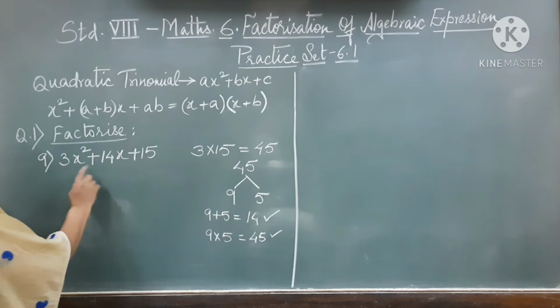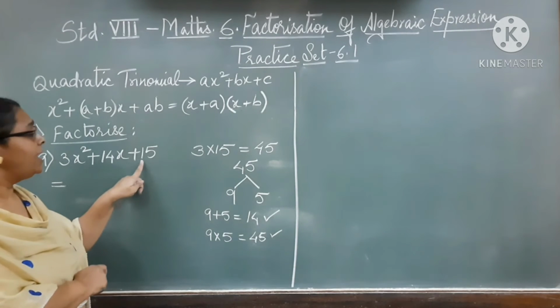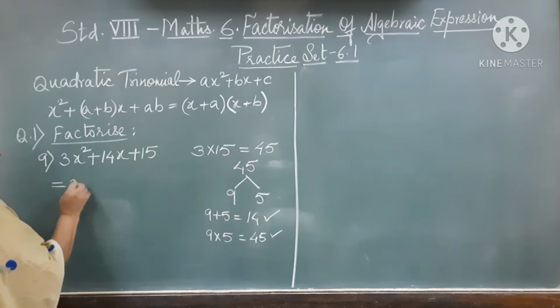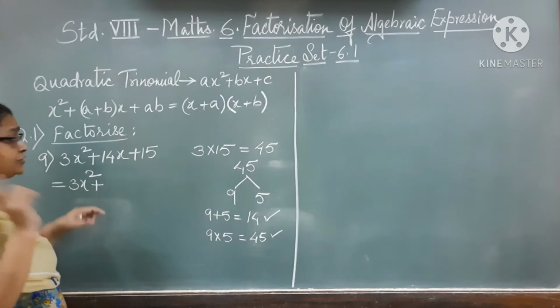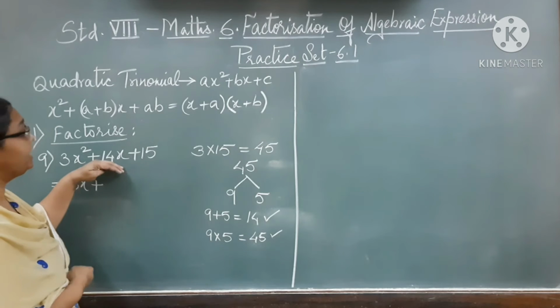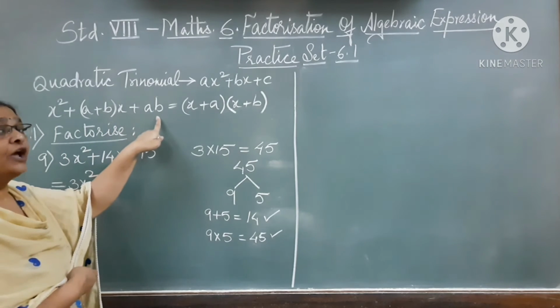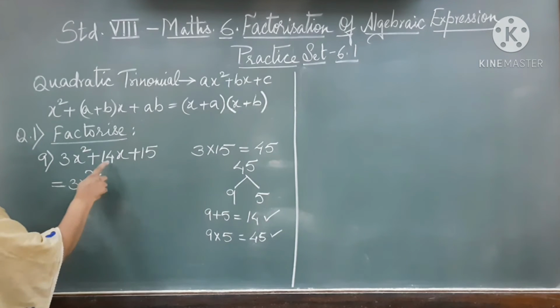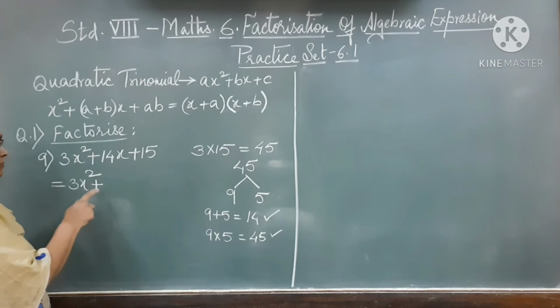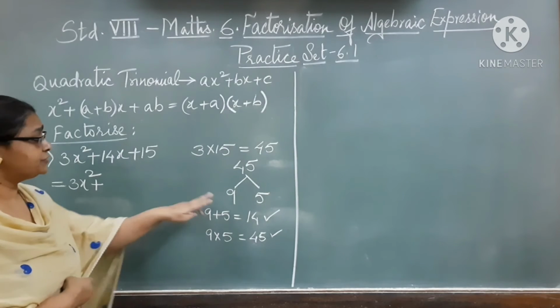Okay. So let us now start factorizing. 3x squared plus 14x plus 15 is equal to 3x squared plus, remember we are going to write this trinomial in the form x squared plus a plus b into x plus ab to find out two factors, right? Okay, now 3x squared written as this, plus the middle term should be divided into these two factors.